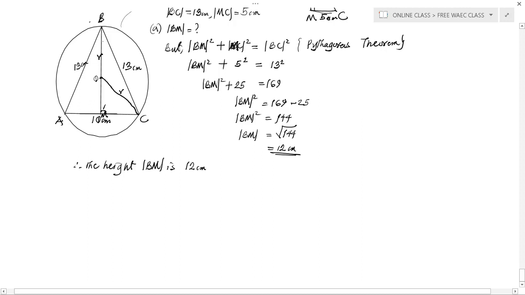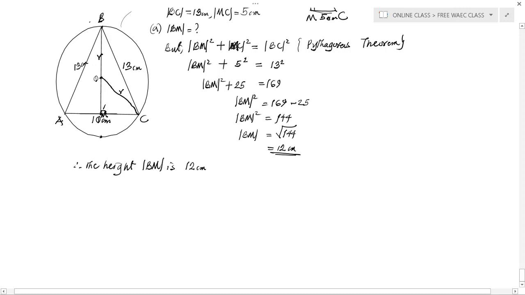And just now we've calculated from B to M to be 12 centimeter. I know this place might look cumbersome for some students. If you have issue with that, please just ask me later. Now, here from M here to here is 12. If you want to say radius from here now, from the center to the circumference is another radius. But this is not the radius. It remains like one to get to the radius.